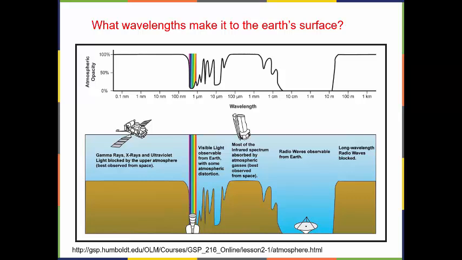Also, I forgot ultraviolet. Most of it does not make it to the Earth's surface. Most of it is blocked, or absorbed, by the ozone layer. If we look at short radio waves, they do make it to the surface.